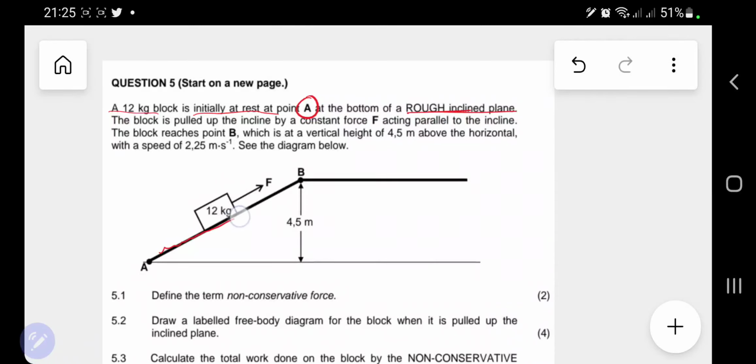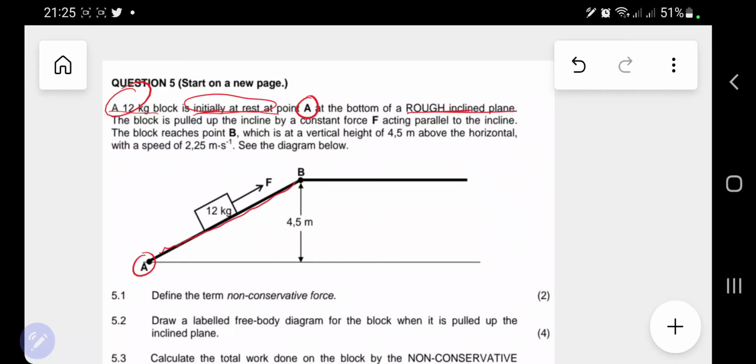So the surface is basically going to be rough, and the object is still initially at rest, so it means the initial velocity of that object at point A is 0. And the mass of the object is 12 kilograms, at the bottom of a rough inclined plane.